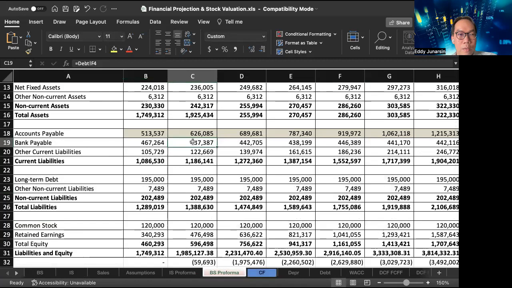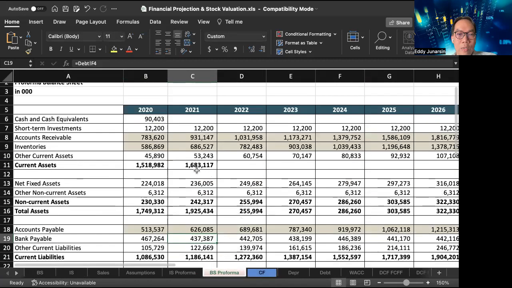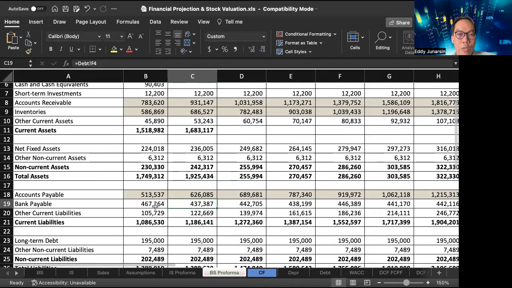The bank payable was lower in 2021 than that in 2020, meaning that the bank borrowing, bank payable, declined in 2021, meaning that some part of the bank payable was repaid.